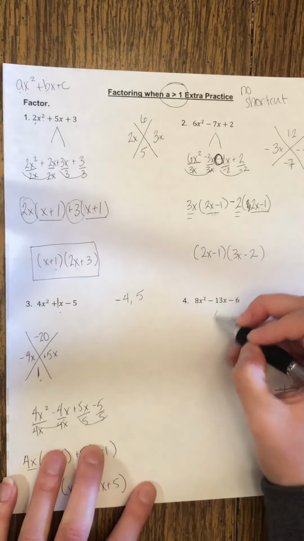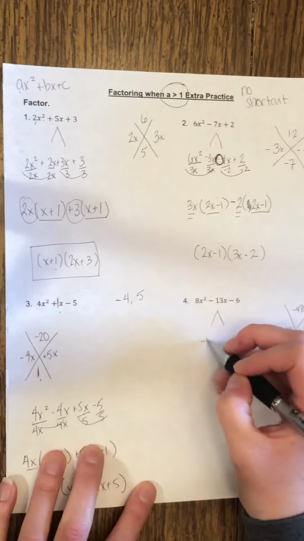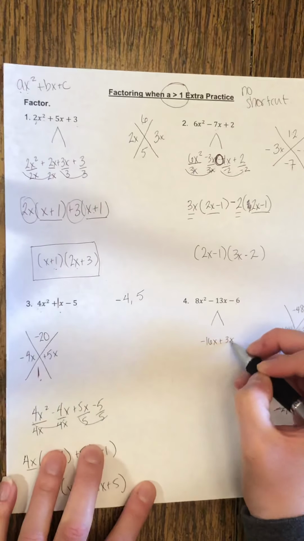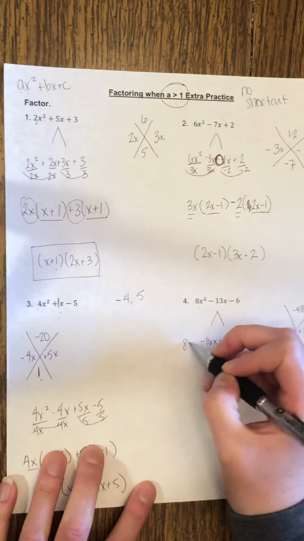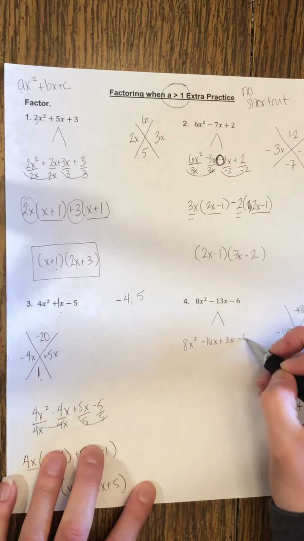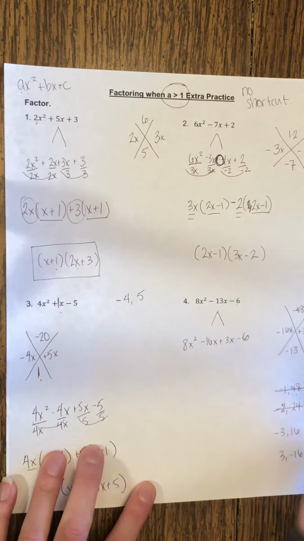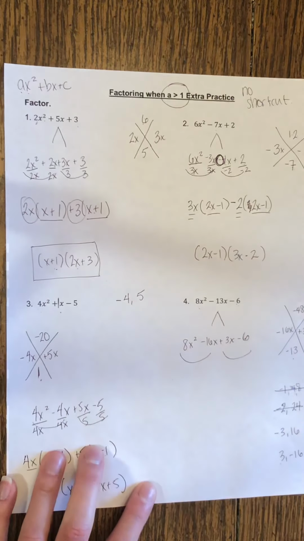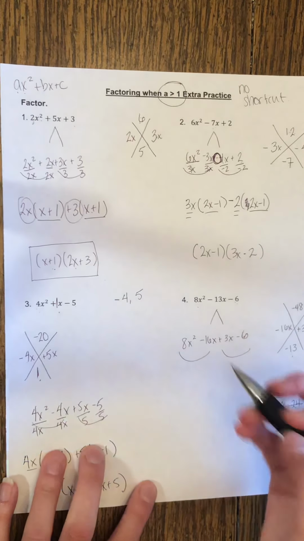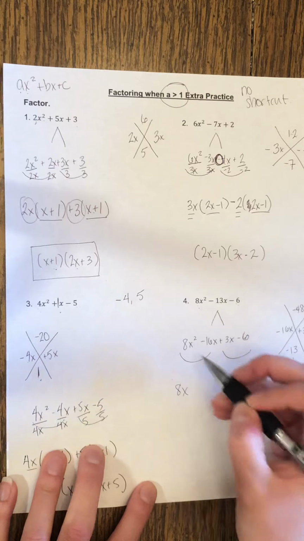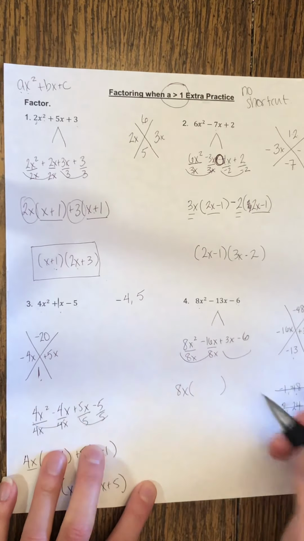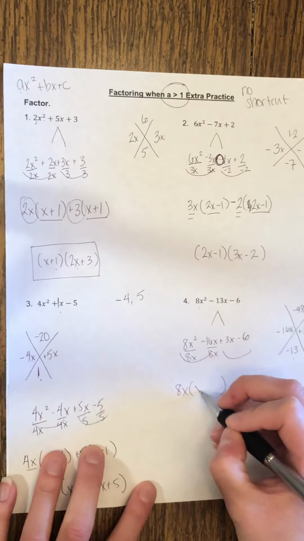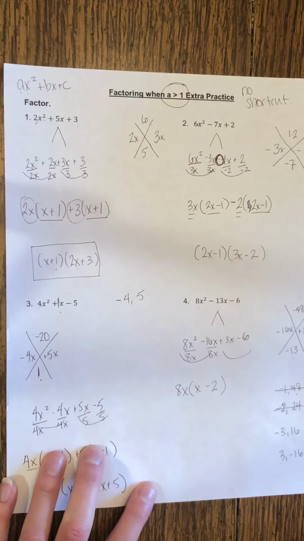So what I'm going to do is take that middle term and break it up into negative 16x and positive 3x. I'm going to copy down the first term, copy down the last term, and I'm going to group. What's the GCF of the first group? That would be 8x. I'm going to divide that out from everything in the first group, giving me x minus 2.